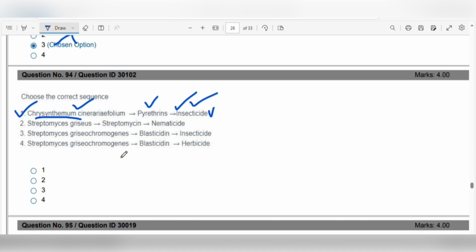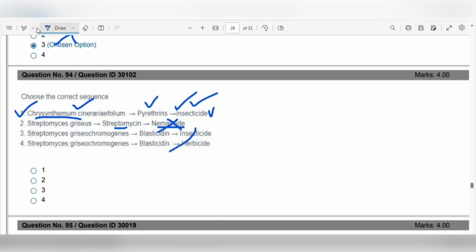Here also you can see from streptomyces they make streptomycin, which is mostly an antibiotic and not a nematicide. So this is wrong, and the other two also have some wrong. I am not entirely sure of it.